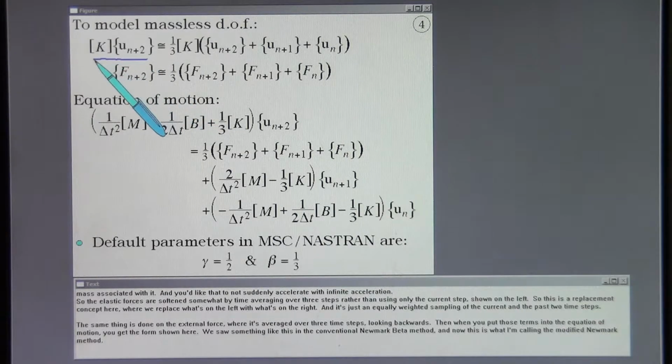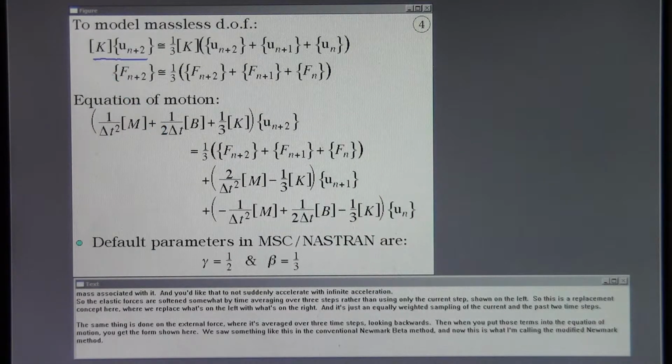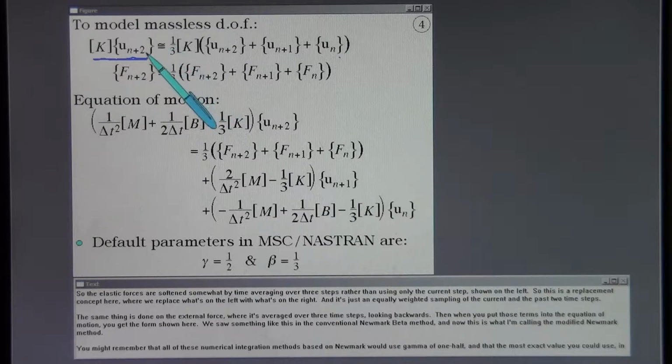The elastic forces are softened somewhat by time averaging over 3 steps rather than using only the current step shown on the left. So this is a replacement concept, where we replace what's on the left with what's on the right. It's just an equally weighted sampling of the current and the past 2 time steps.